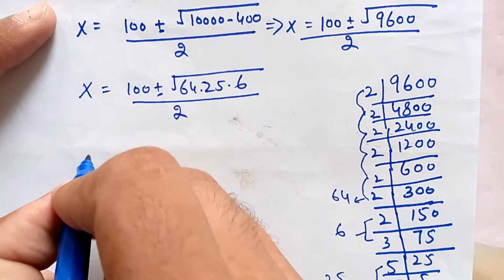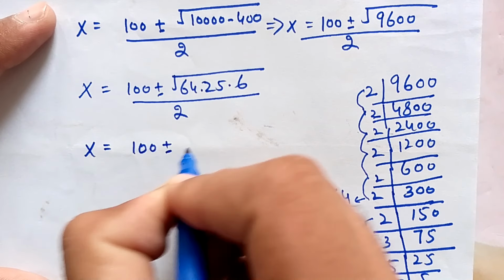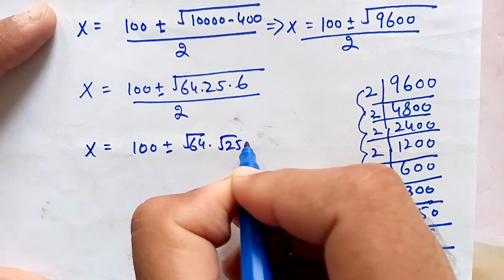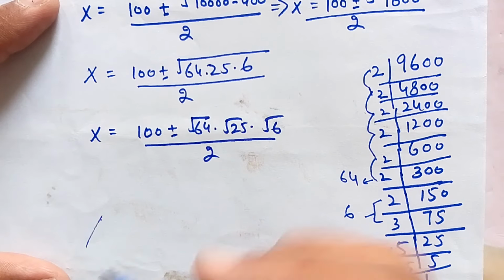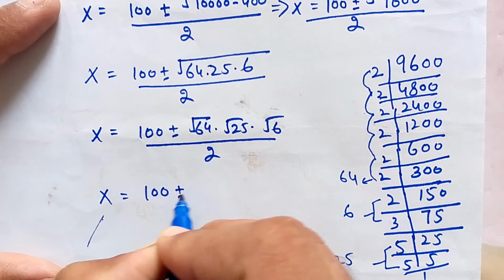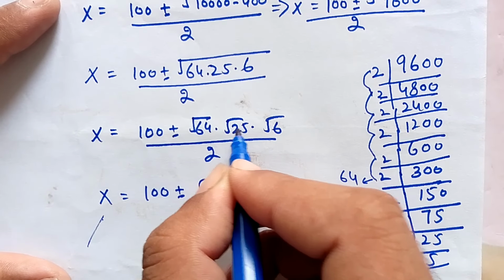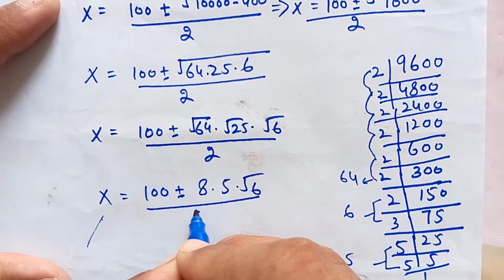Now x is equal to 100 plus minus square root of 64 times square root of 25 times square root of 6 over 2. X is equal to 100 plus minus, and this is 8 times square root of 25 is equal to 5, and square root of 6 over 2.